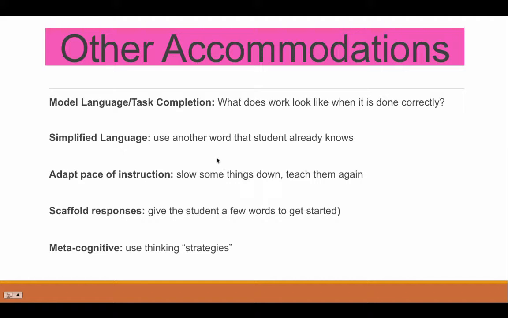Adapting the pace of instruction will always be important, as slowing some things down and teaching them again will be important as students are acquiring new language and growing vocabularies for the first time. It is especially important, as teachers of English language students, that we understand that the pace of our voices matters, and that sometimes slowing down just the pace of our talk and the pace of our voices will help students understand.